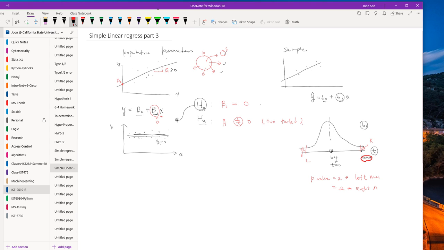This is something that we learned. So that's the p-value.